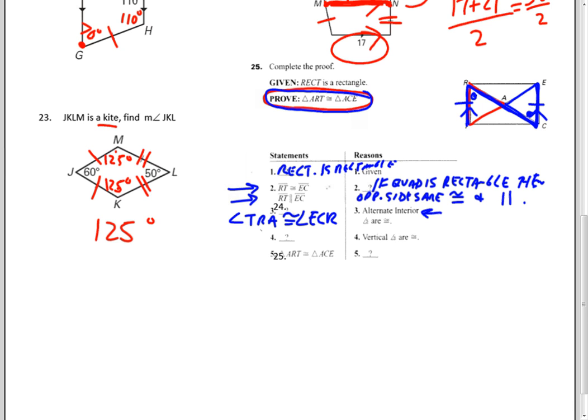Then it mentions vertical angles. Well, I want vertical angles that are going to help me with these triangles. So I'm probably looking at these 2 right here. That's angle RAT congruent to angle CAE. Don't forget what we're trying to do.